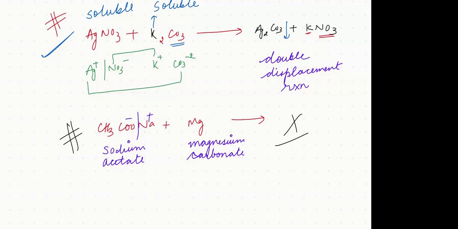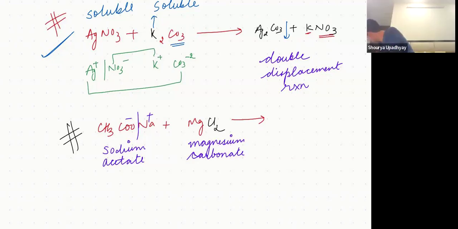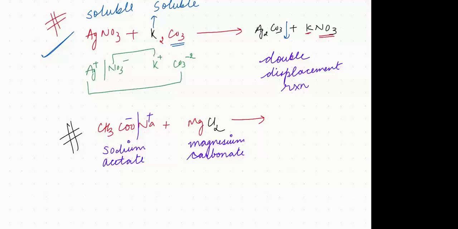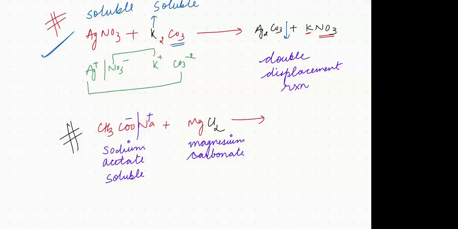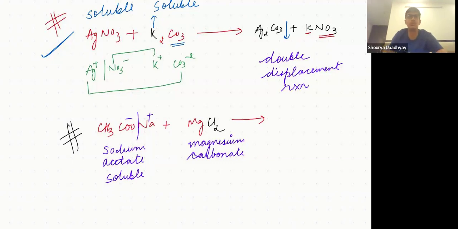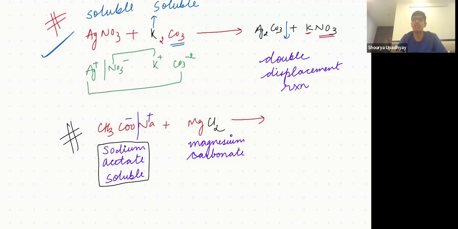Now let me give you MgCl2. Then will it be possible? Sodium acetate is soluble, no doubt. Acetate is soluble, definitely. Somewhere you had written about nitrates.